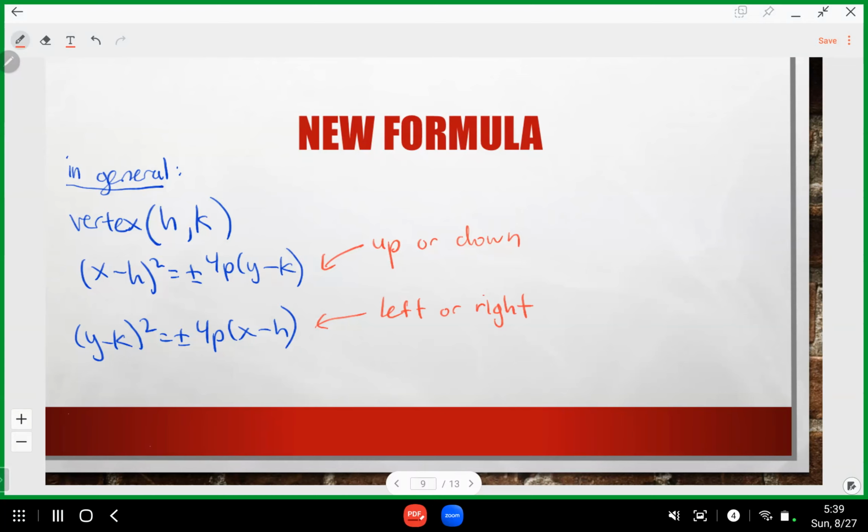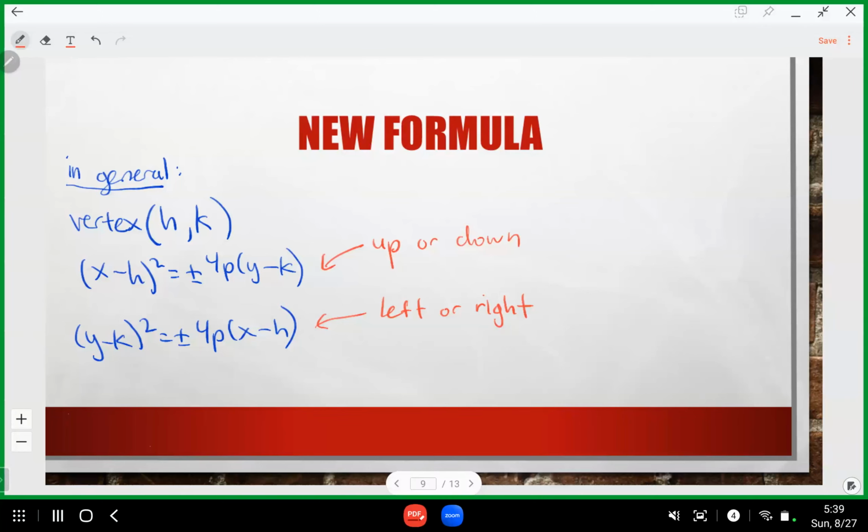The focus here is going to be (h, k plus or minus p), or (h plus or minus p, k), and the directrix changes accordingly to y equal to k minus p, or x equal to h minus p.